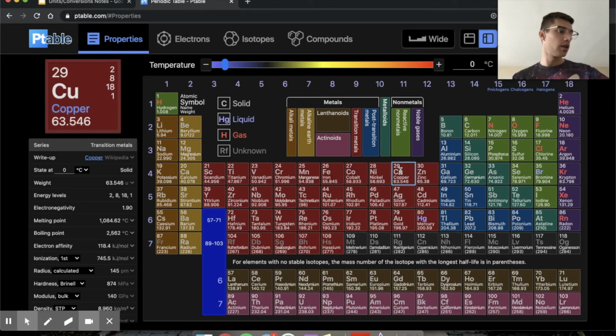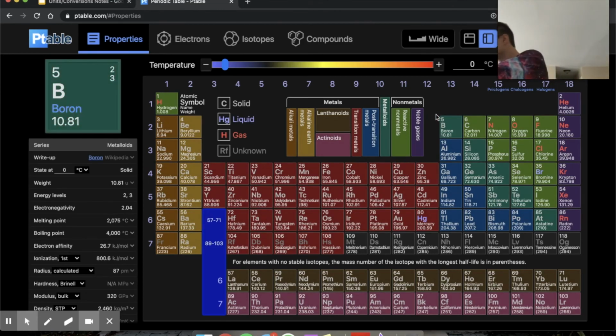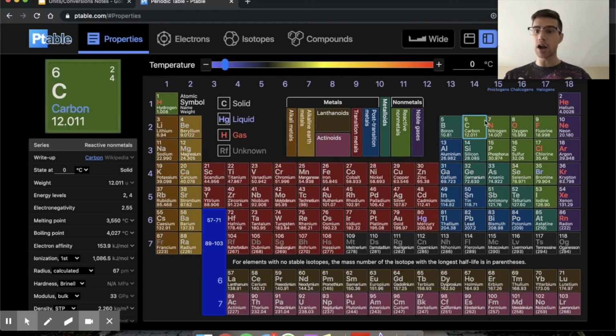Now again, it might not look like a lot, but when we get to much, much bigger molecules, like sucrose, okay, sucrose is a big sugar molecule. It has 2 rings made out of lots of carbon, hydrogen, and oxygen atoms. So it's got a bunch of carbon with an atomic mass of 12, a bunch of oxygen with an atomic mass of 16, and a bunch of hydrogen with an atomic mass of 1.